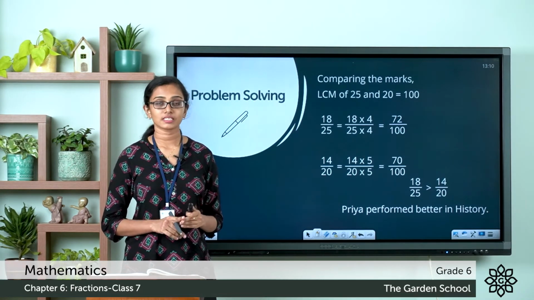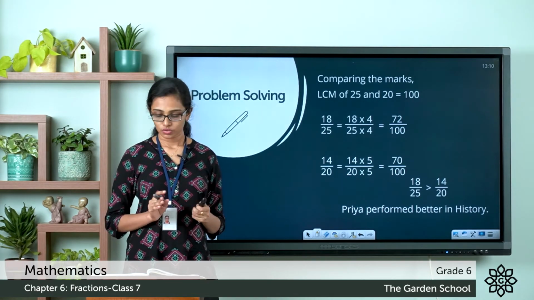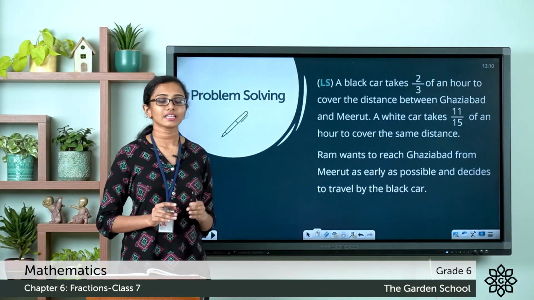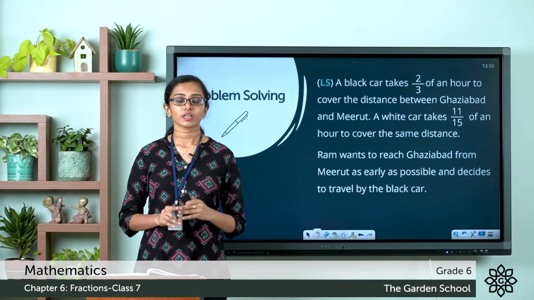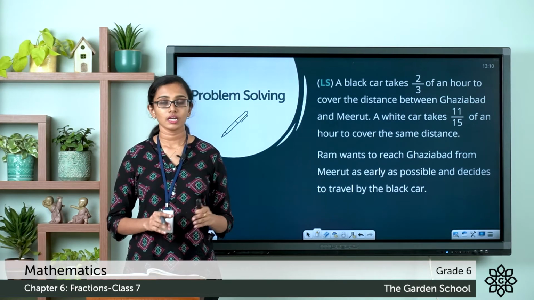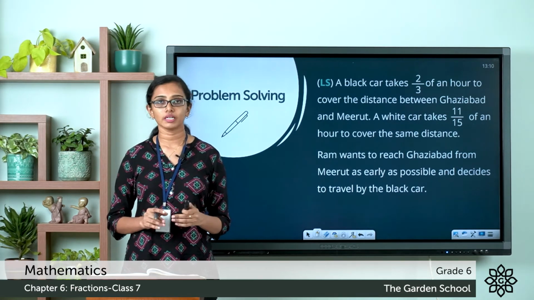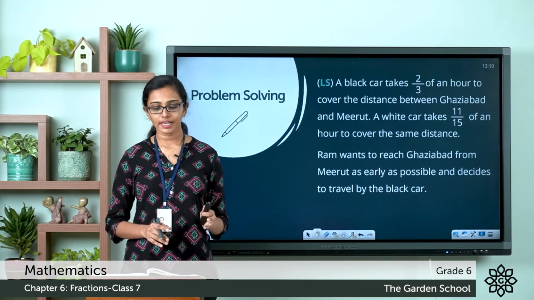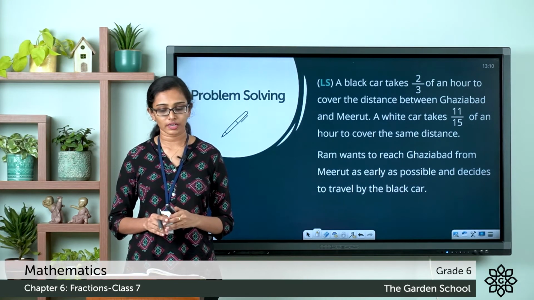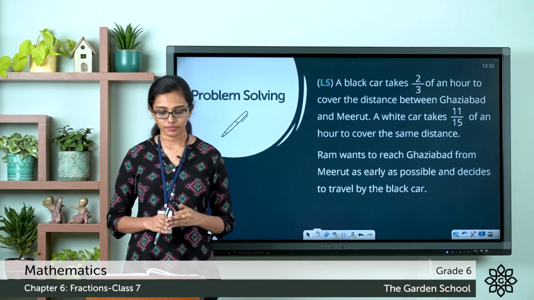Now let's discuss a life skills question. This is given on page number 87 after this exercise, and it says a black car takes 2/3 of an hour to cover the distance between Ghaziabad and Meerut. A white car takes 11 by 15 of an hour to cover the same distance.